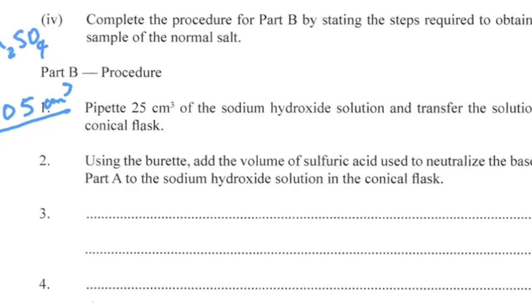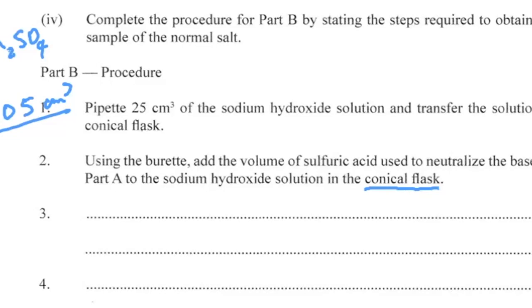So at the end of the titration, everything is in the conical flask. The first time around, we used methyl orange to tell us when we would need to stop adding our acid to the base. Now in part B, we need not use the indicator because we already know what the volume is that will totally neutralize our base.